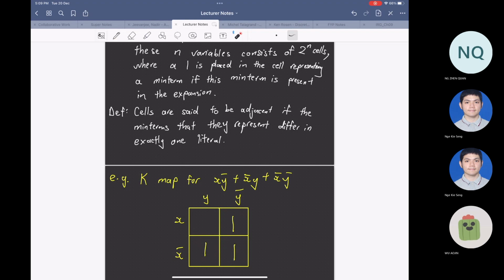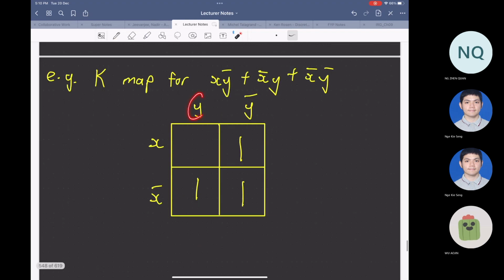Now you can see which 2 cells are adjacent. These 2 cells are adjacent because they differ by y, since their x is the same. How about these two?